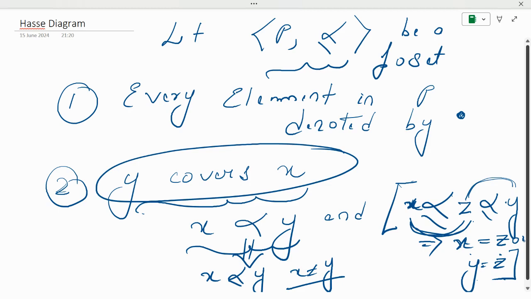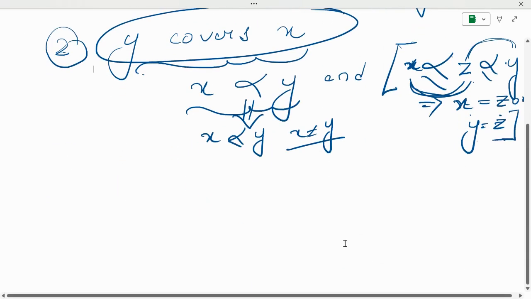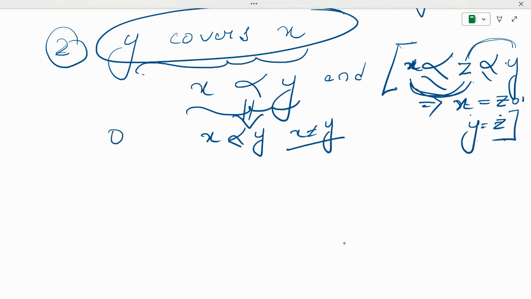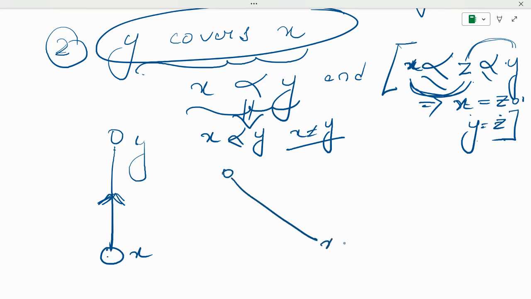Now this can be represented in a much better way. I'll show you. This can be represented like there is a y, and there is an x, and y covers x. Or like this, there is an x, there is a y, and y covers x.